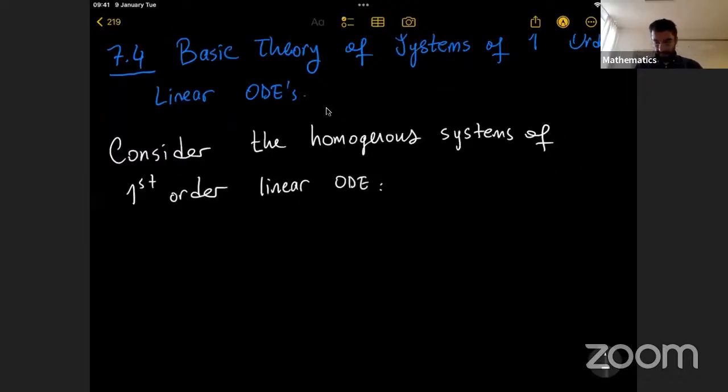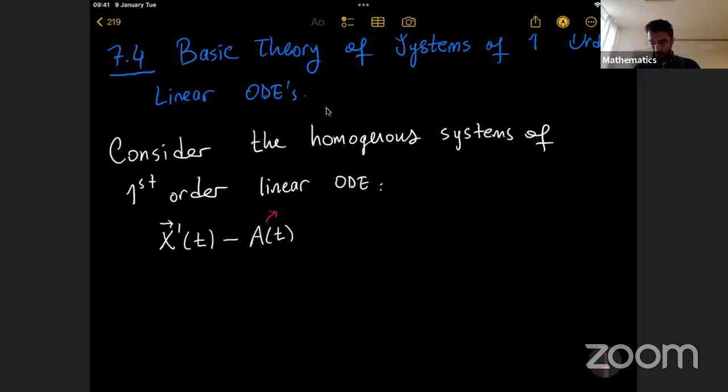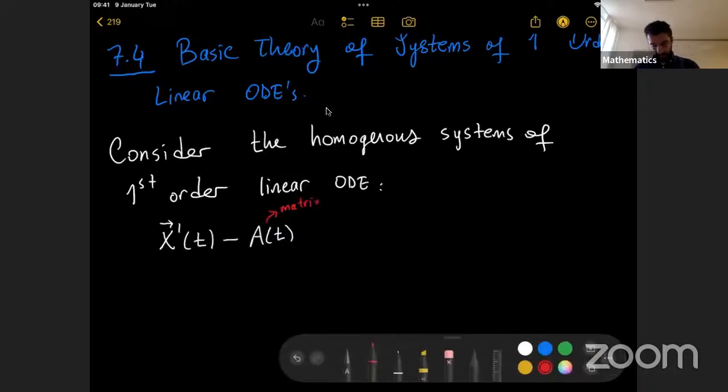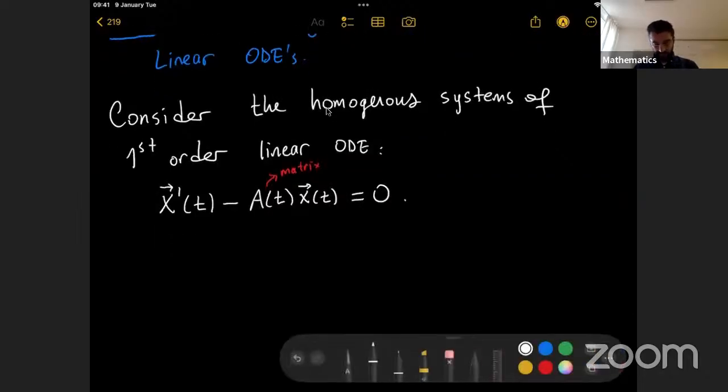Remember it was given by something like this: x'(t) minus A times x, where x is a vector and A is a matrix with functions as entries, is equal to 0.